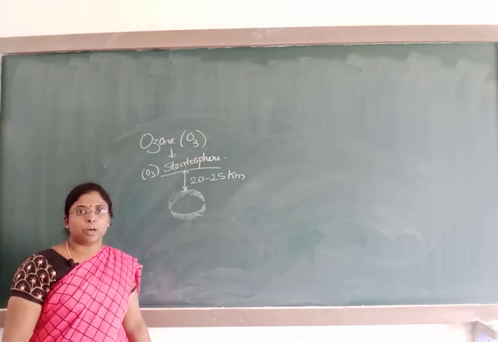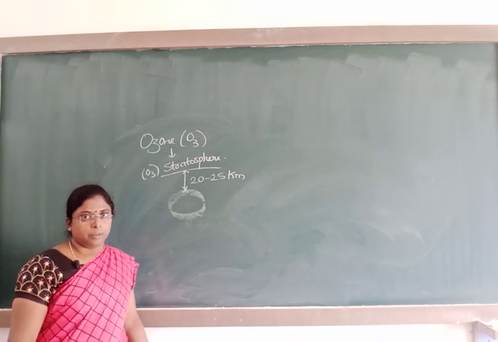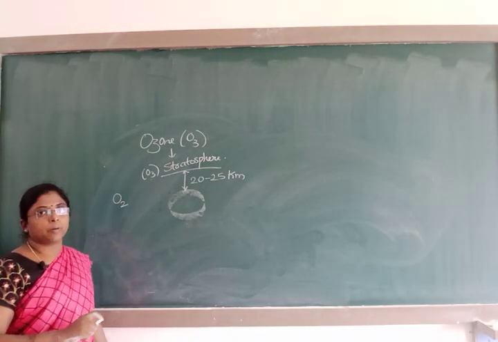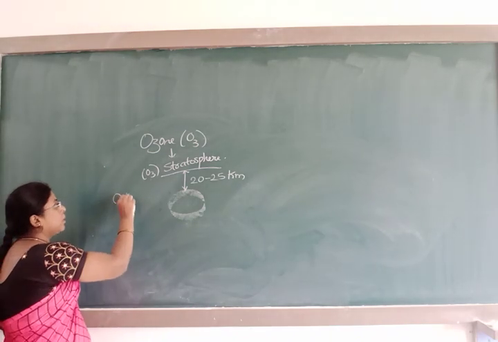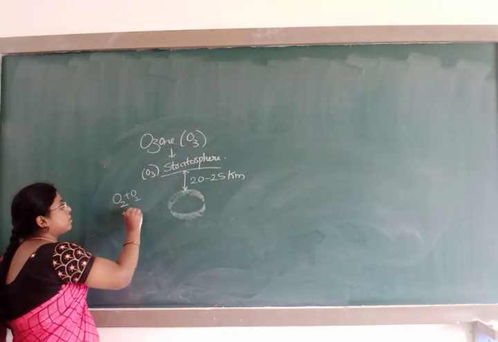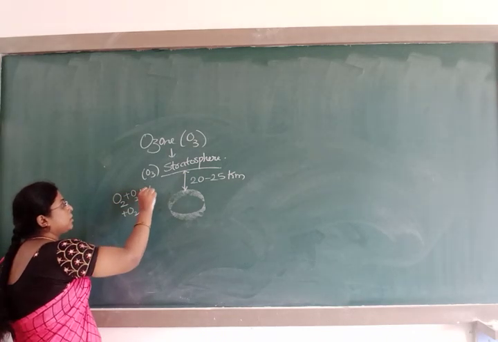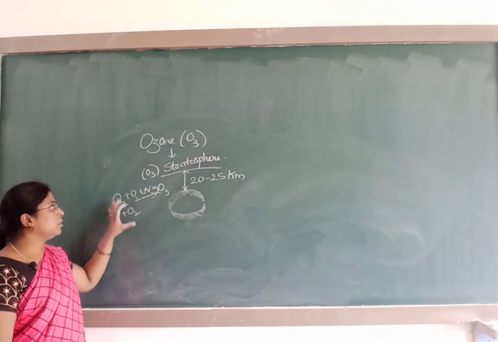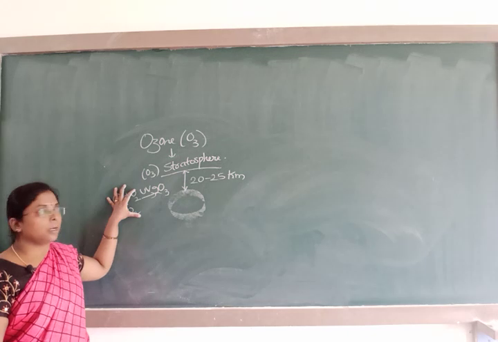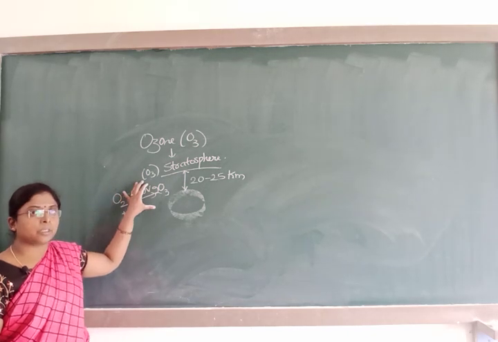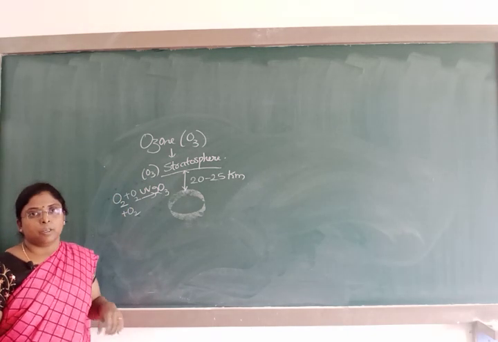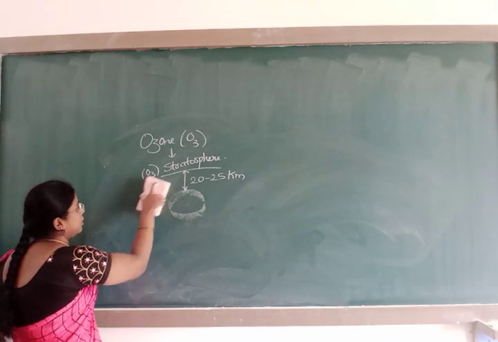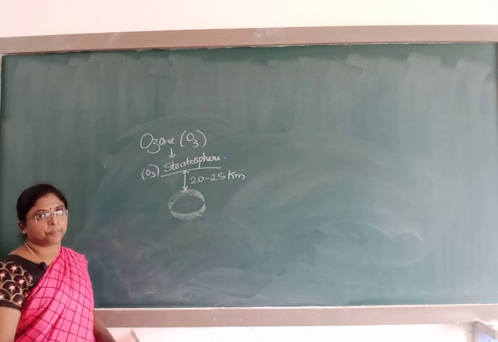Naturally, how is ozone obtained in the atmosphere? Dioxygen molecules, O2, absorb ultraviolet radiation and combine to form ozone molecules. In this way it is naturally obtained in the atmosphere.